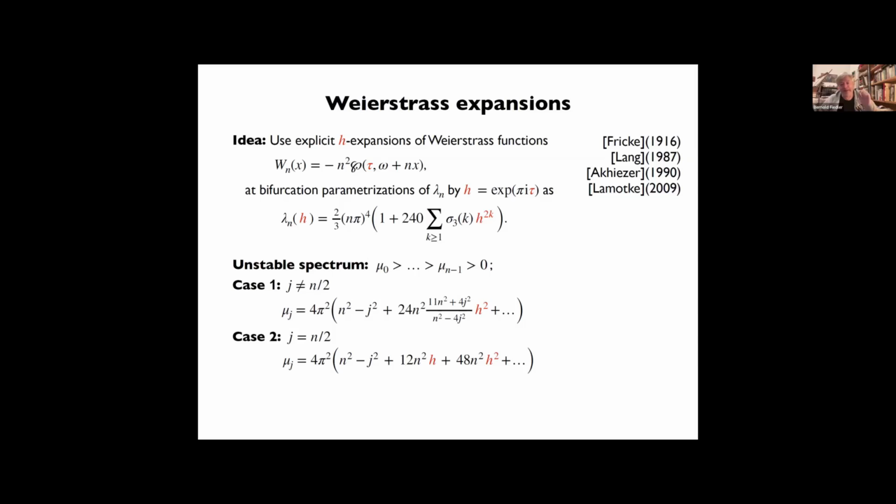And when can a resonance occur? Well, it either occurs at discrete points, because resonance is an integer relation between different mu j. So this either happens at discrete points or the thing is identically equal. So by comparing the coefficients, you get a question whether integer combinations of 24n squared, 11n squared plus 4j squared divided by n squared minus 4j squared, whether these rational numbers can have integer relations.